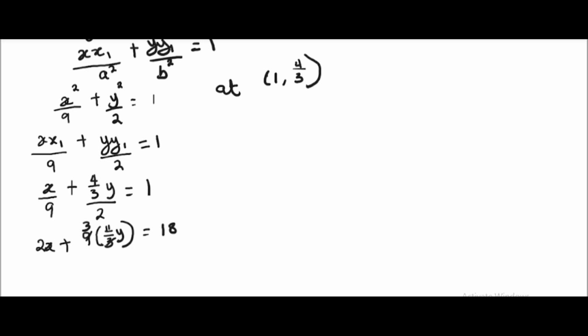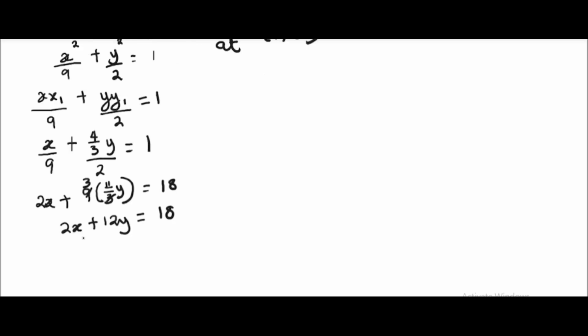So we have 2x plus 3 times 4, which gives us 12y, is equal to 18. Now since there is a common factor in every term in this equation, I can reduce the equation by dividing through by that common term. If we divide through by 2, we'll have x plus 6y is equal to 9. So this is the equation of tangent at point 1 comma 4 over 3.